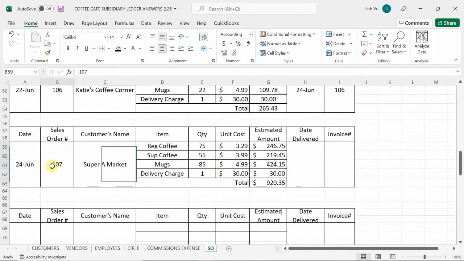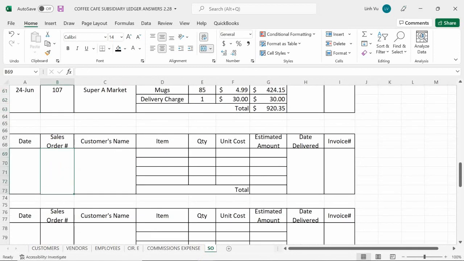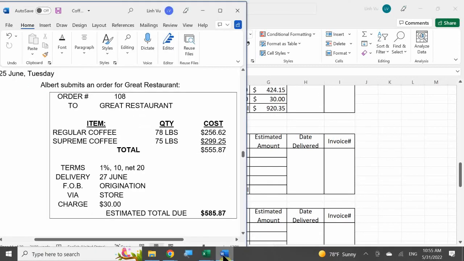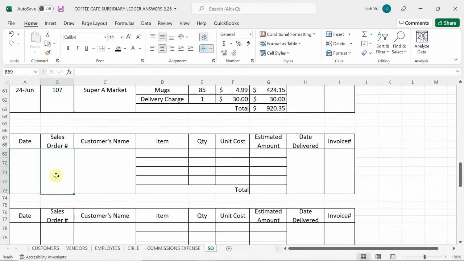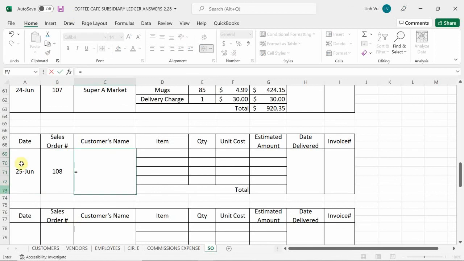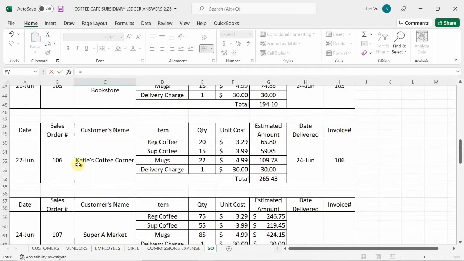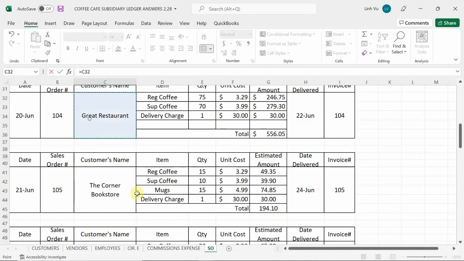They are sales order number 108. It's the 25th. Who is going to be ordering from us? We said Great Restaurant. Here you go, Great Restaurant.